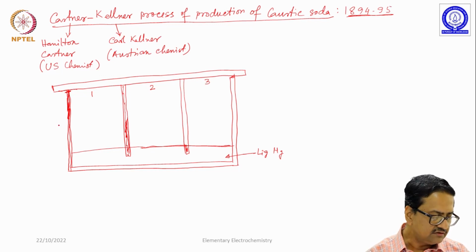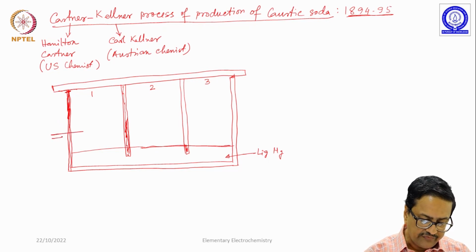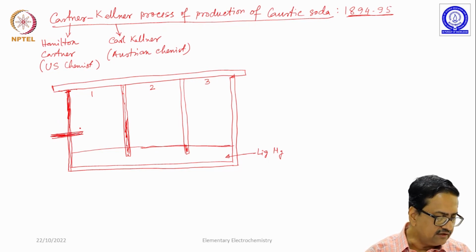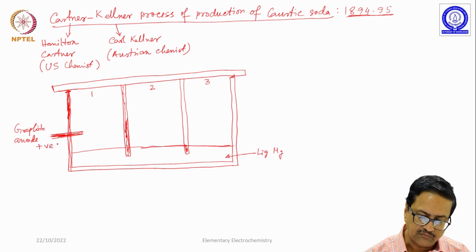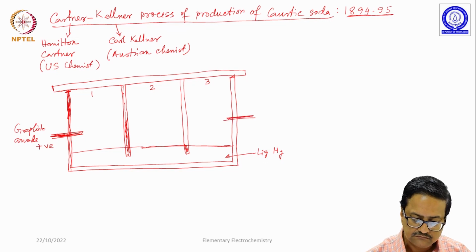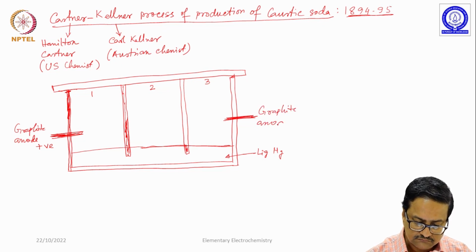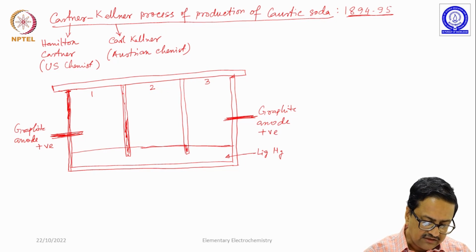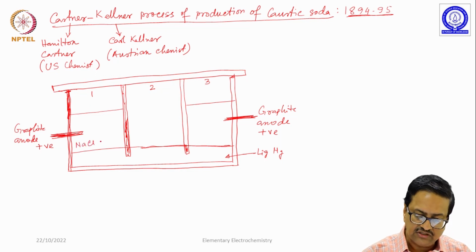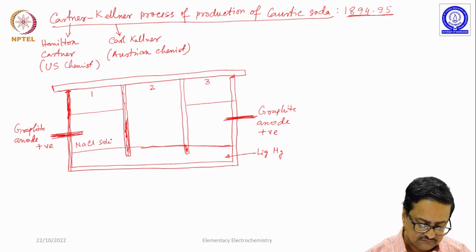In chamber 1, they had the graphite anode, that is positive on both sides, and filled the left hand side and the right hand side with a solution of sodium chloride, which is essentially a solution of brine.